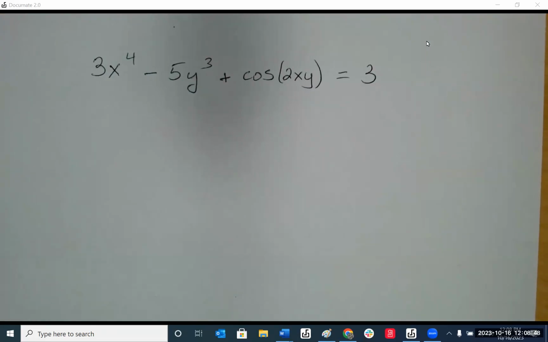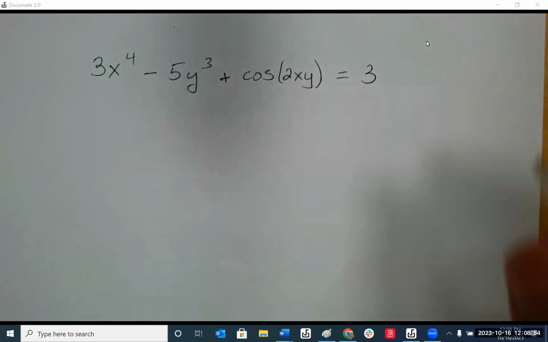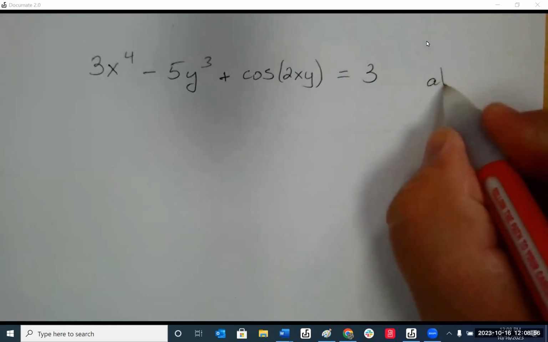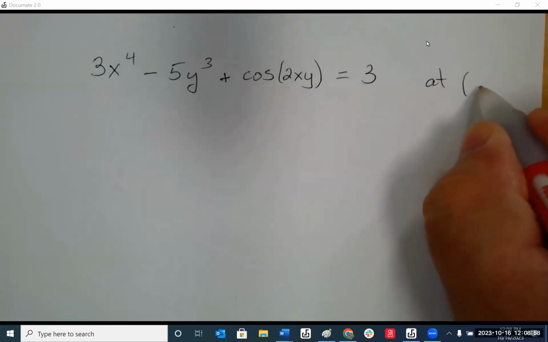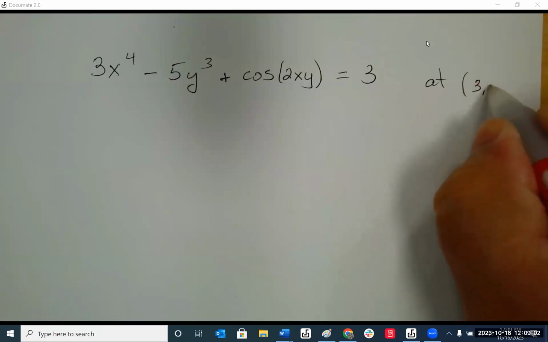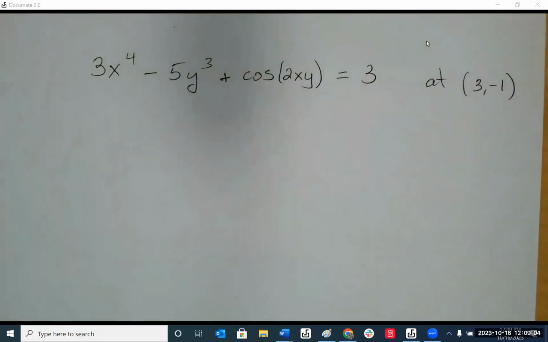Find me the slope of that function at 3, -1. Go ahead and work that out.